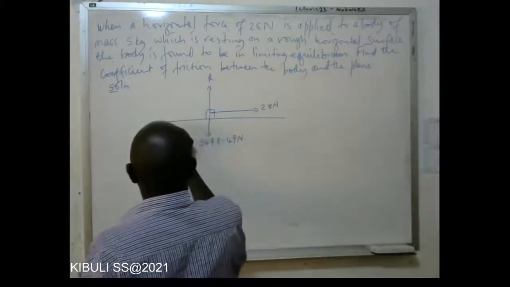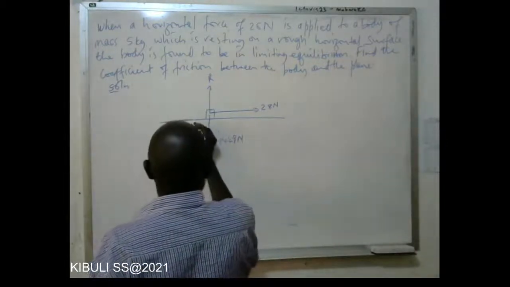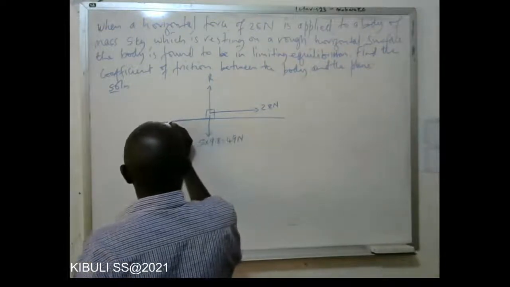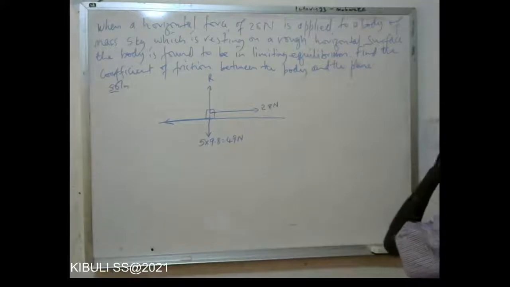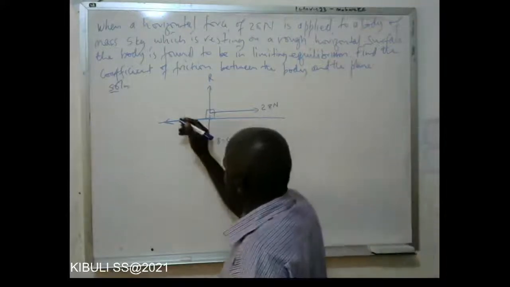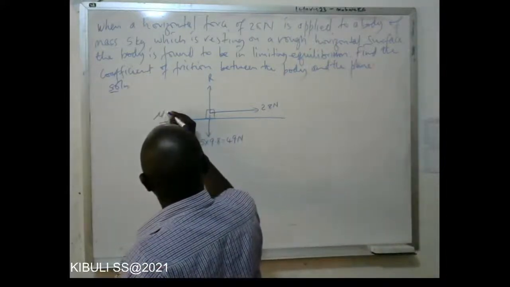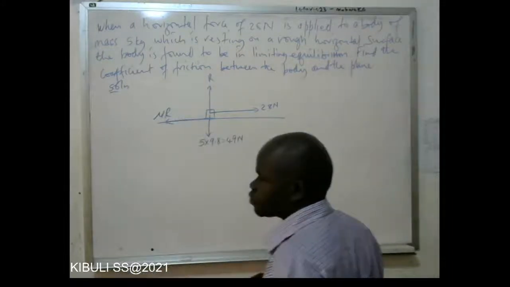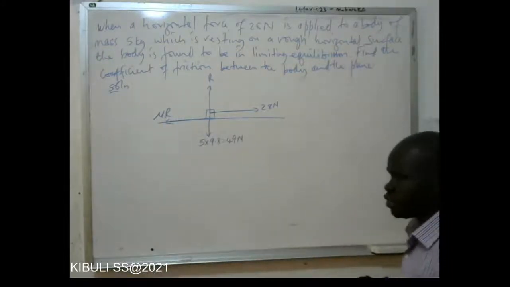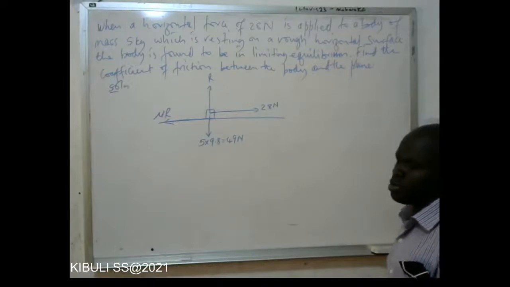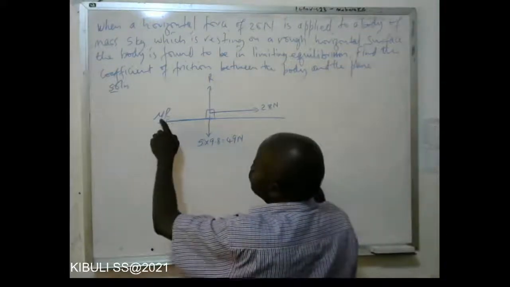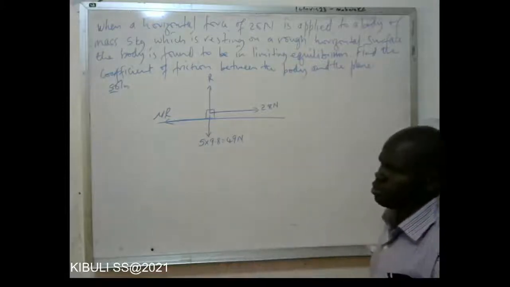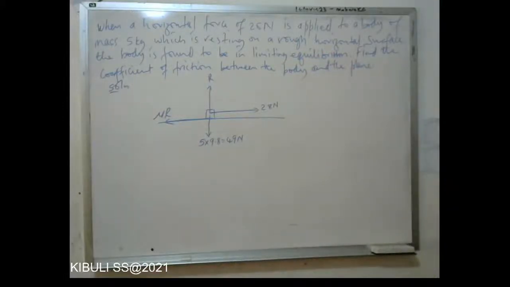So our friction is this one here. It must be drawn along the boundary, and this friction is maximum. The maximum friction is given by mu R, the coefficient of friction times the normal reaction. So the question is asking us to find the value of mu. What is mu equal to?